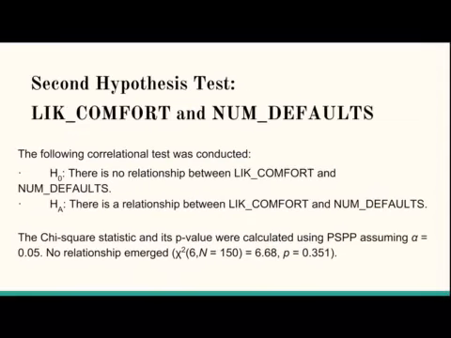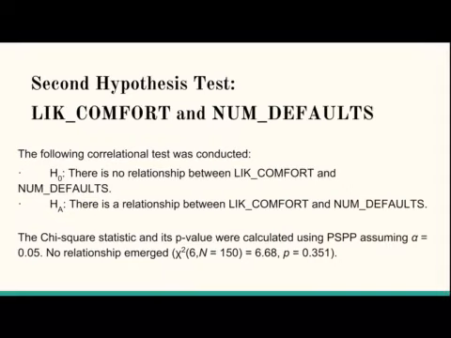Our second hypothesis test was between like comfort and number defaults. The following correlational test was conducted. The null hypothesis states there is no relationship between like comfort and number of defaults. The alternative hypothesis states that there is a relationship between like comfort and number of defaults.